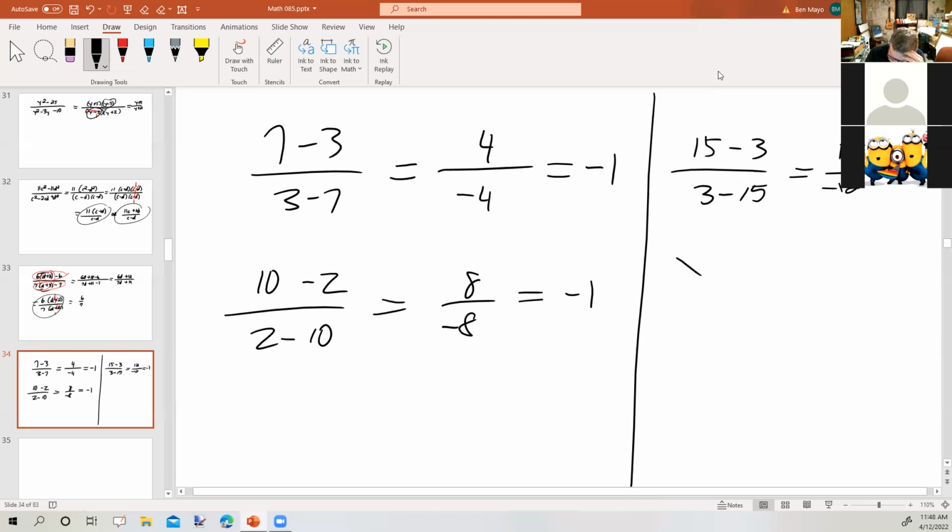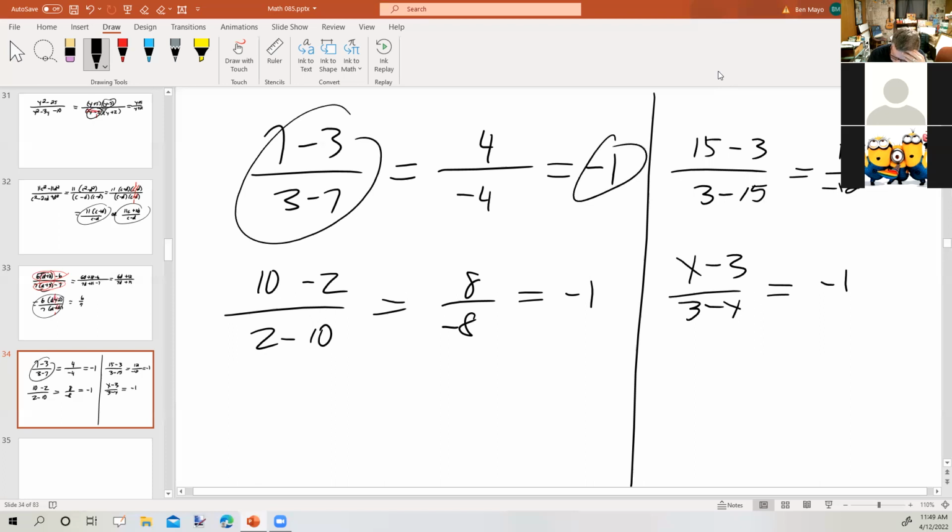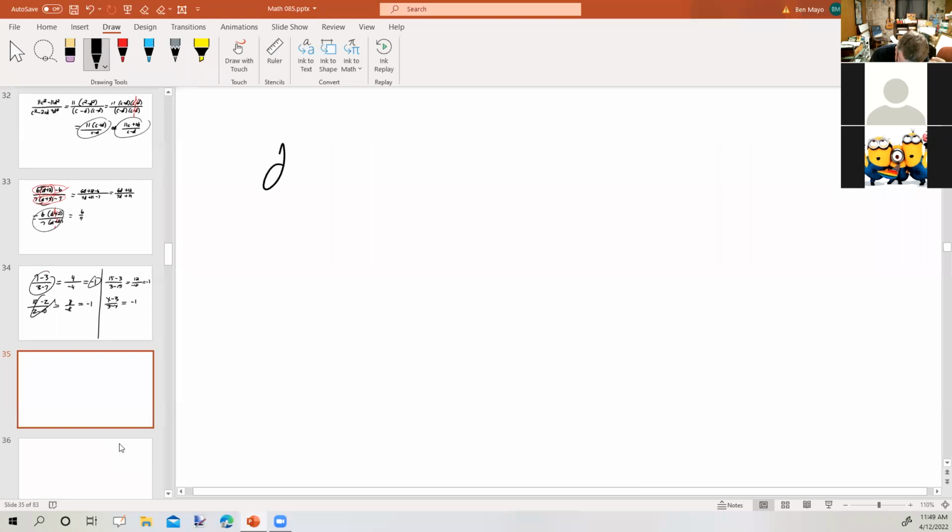What's x minus 3 over 3 minus x? It's -1. Oh, yes. They're all the same. There you go. What's dog minus cat divided by cat minus dog?